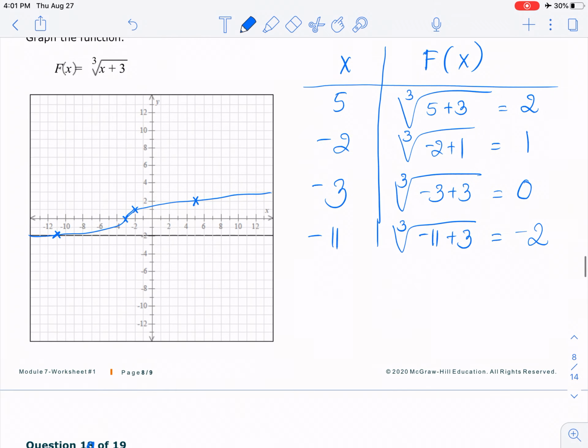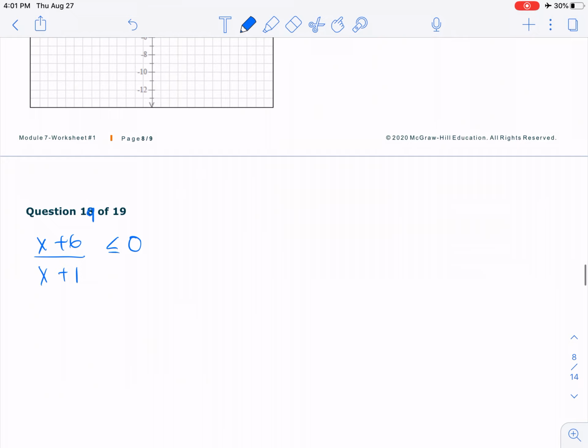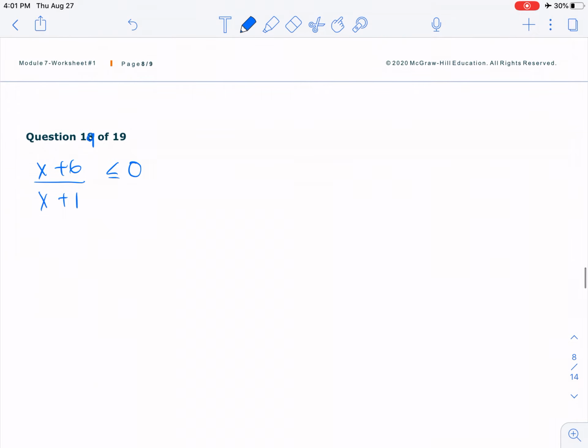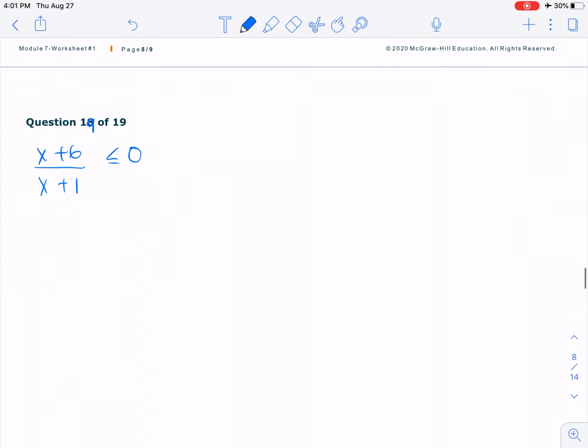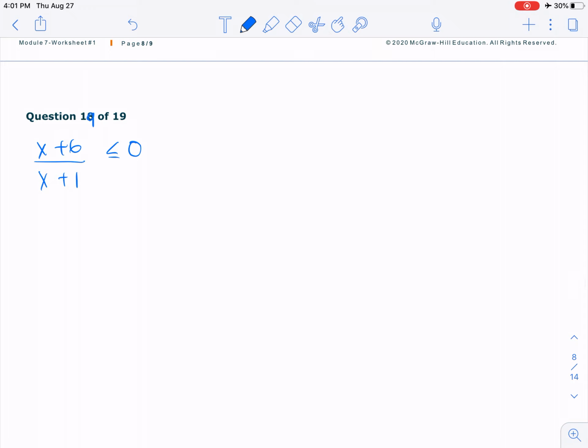All right, moving on to number 19. So this is a rational inequality. So just like quadratic inequalities, you want to find the boundary points. For the boundary points, you take the numerator and set it equal to 0, and take the denominator and set it equal to 0. So x is going to give you -6 here, and x is -1.